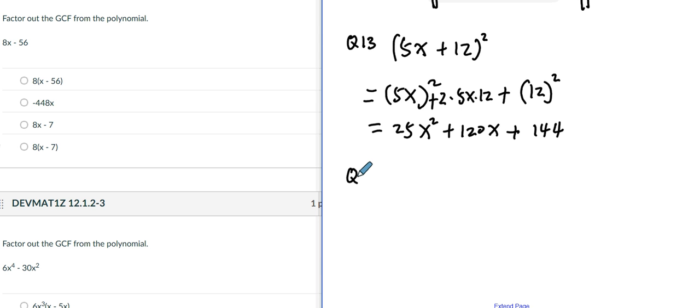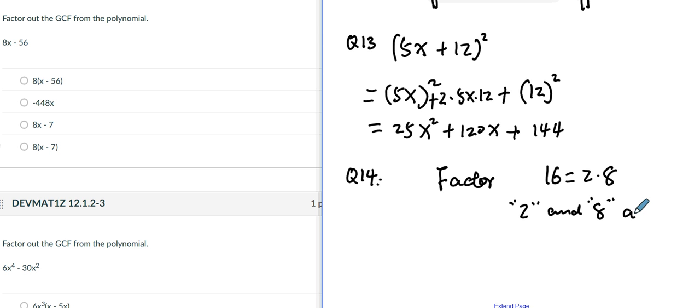Question 14 would be opposite. We want to do factor. What's the meaning of factor? You see, 16 equals 2 times 8. So then we call 2 and 8 factors of 16.